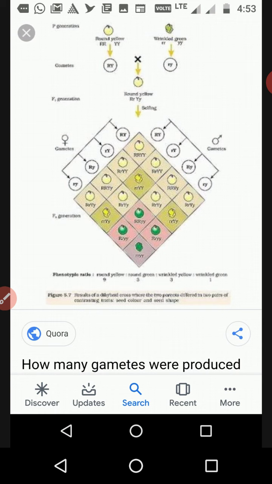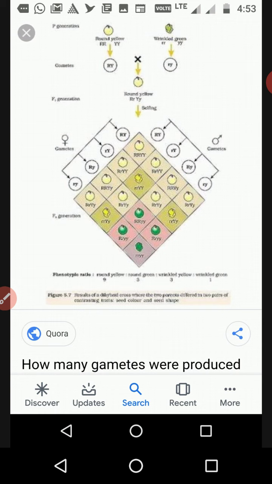So again the four traits are there: capital R, capital Y, small r, small y.